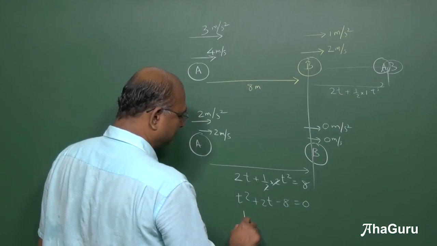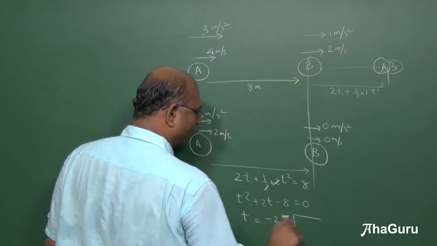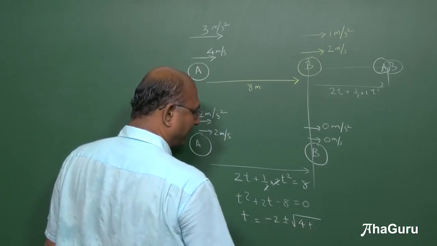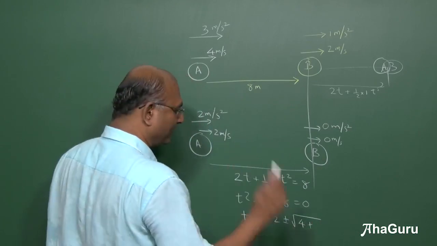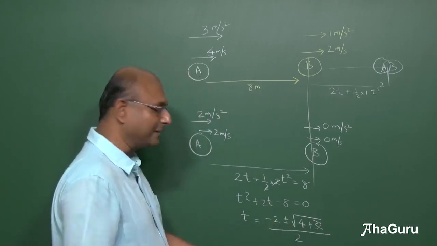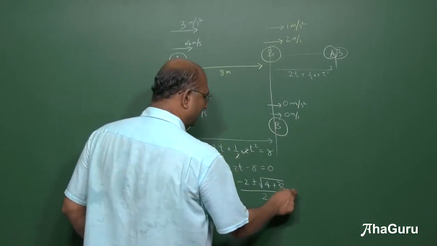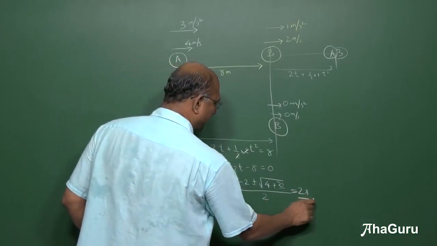And so you can solve the problem by saying t equals minus b plus or minus root of b square minus 4ac, so 4 into 8 is 32, by 2a. This is 36, so that gives me 6. Can't be negative, so 6 minus 2 is 4. 4 by 2 is 2 seconds.